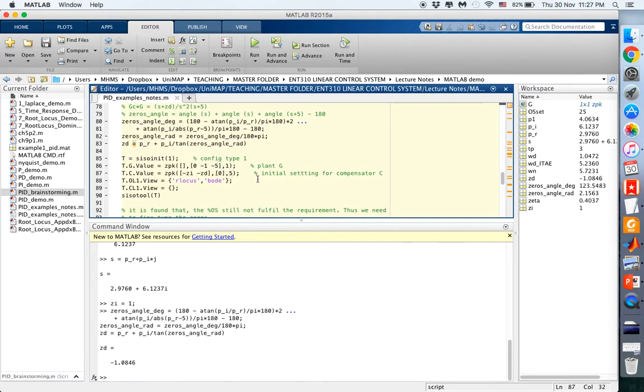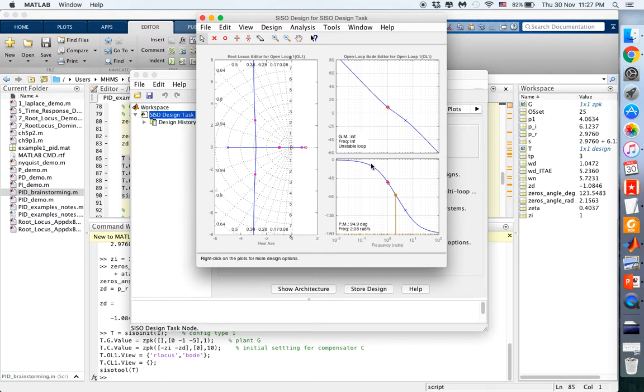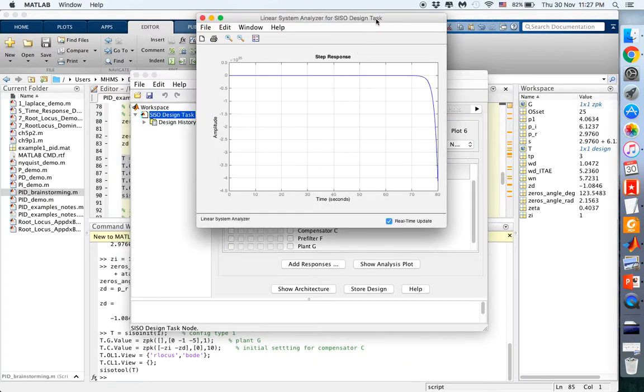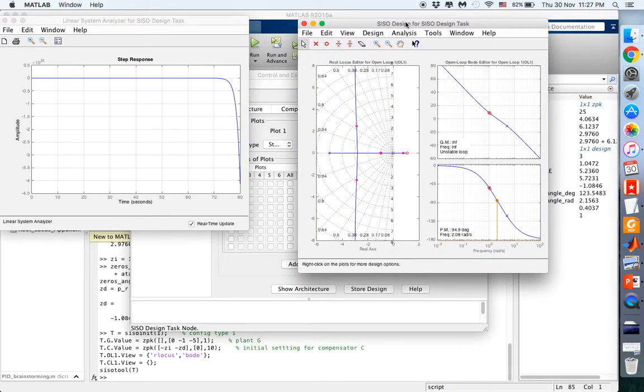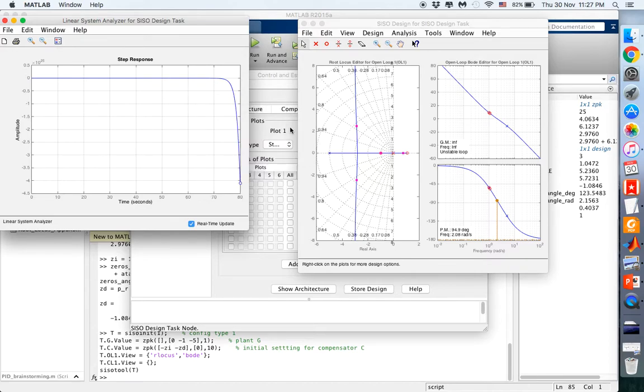Let's put the gain as 10. So we fire up our SISO tool and open up the step response.